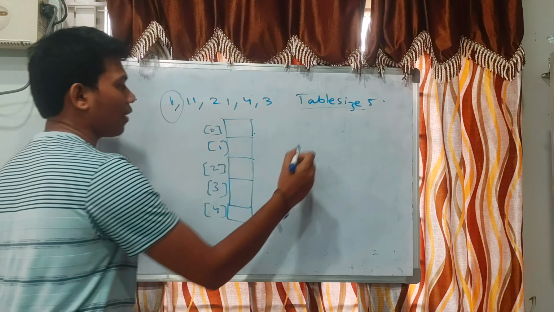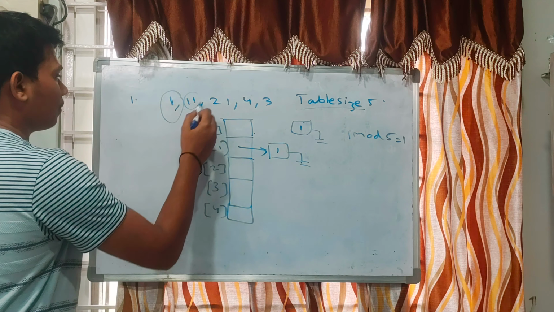So 1 mod 5 is 1, and in the first index we store the pointer. In this way we store the first element. The linked list pointer is stored in the hash table and the element is stored in the linked list. As the name suggests, it is open hashing, so the data is stored outside of the table. Only the pointers are stored inside the hash table. Now let us insert 11.